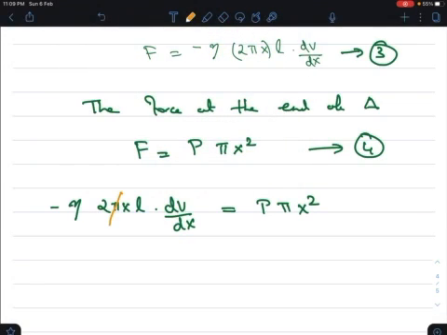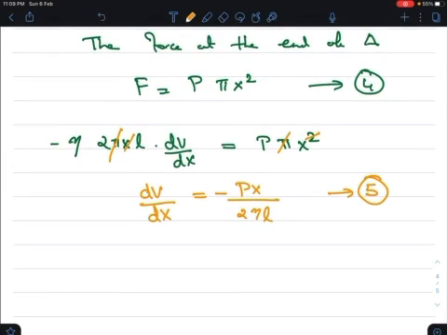See, pi can be cancelled, one x can be cancelled. So we have dV by dx is equal to P into x divided by 2 eta L with a negative sign. So this is my equation number 5.